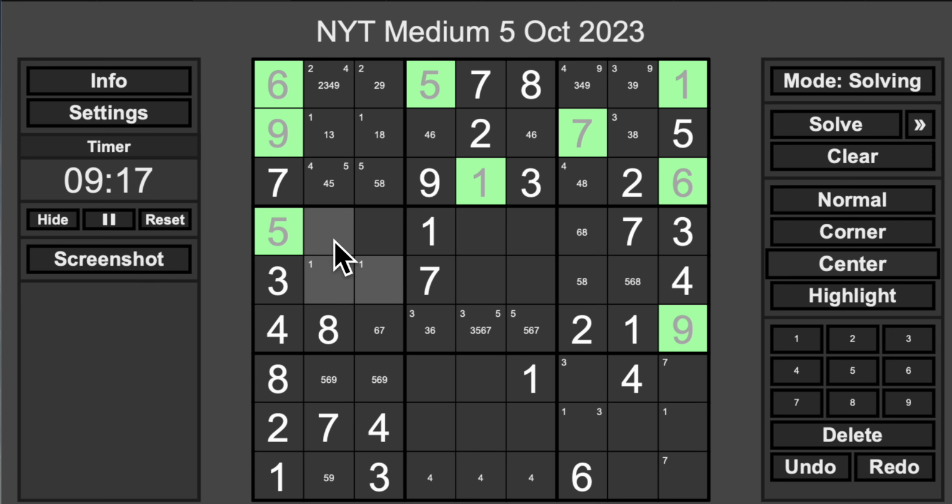Let's see. These cells cannot be 3, 4, 5, or 8. So they're 1, 2, 6, 7, or 9 to start with. These aren't 7, and that's also not 1.